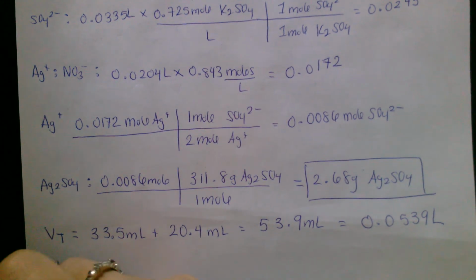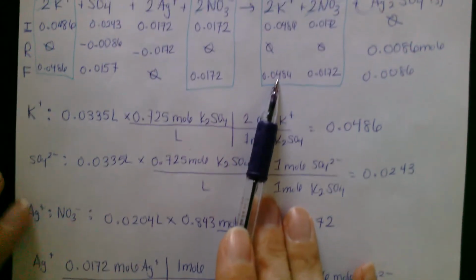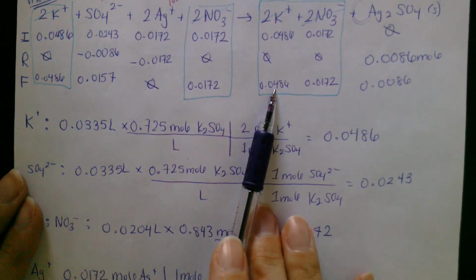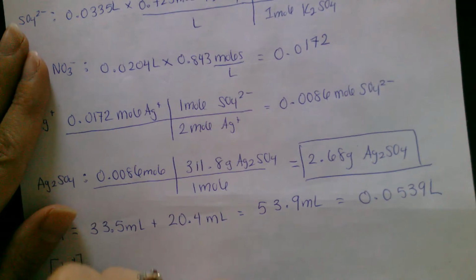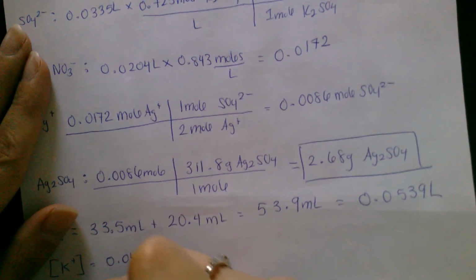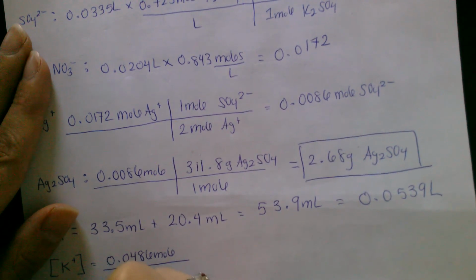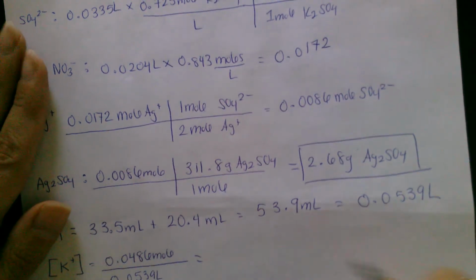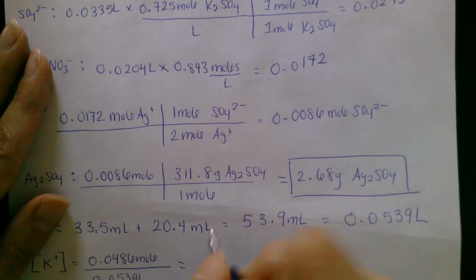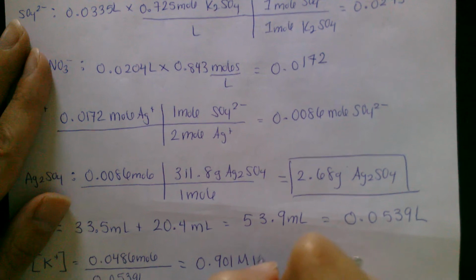Okay, so our concentration of potassium ions in solution is going to be our moles of potassium that we're going to grab from the table, 0.0486, divided by our volume to give us our concentration of potassium as about 0.901 molar of potassium.